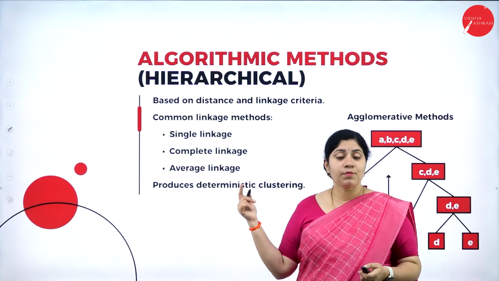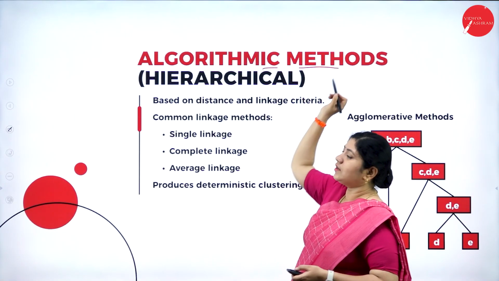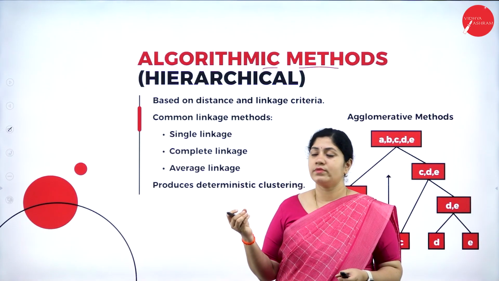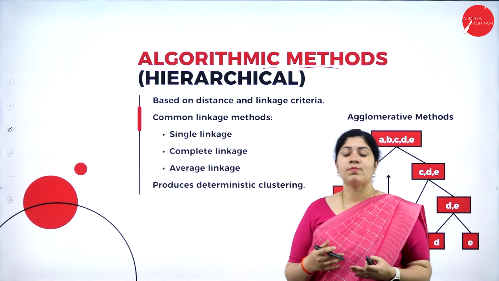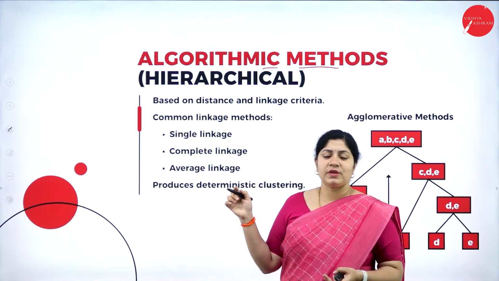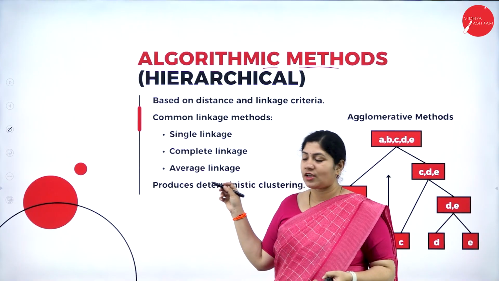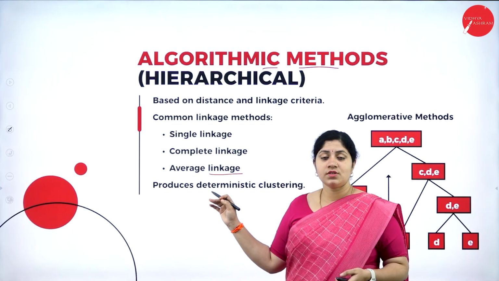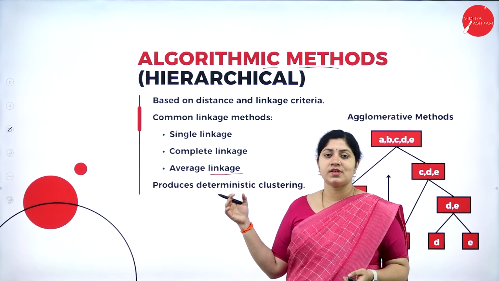Thus, the first type of hierarchical clustering is the algorithmic method. This method is completely dependent on the distance and the linkage criteria, where the linkage methods include single linkage, complete linkage, and average linkage. Due to these linkages, it produces a deterministic clustering.